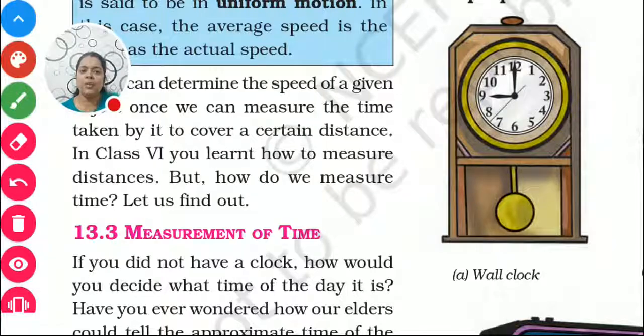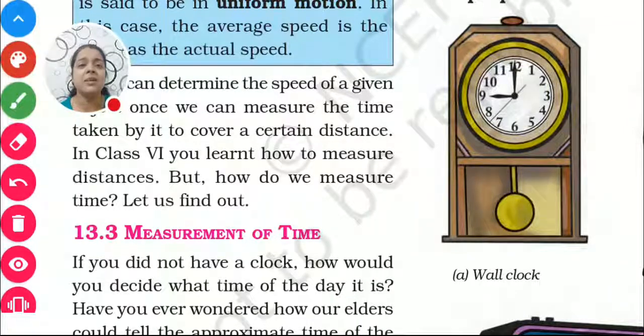You people know very well, when I ask you what is the time right now, the best tool or instrument which is going to help you in this regard is what? Clock, watch. Can you say nowadays that if you don't have a clock, you don't have a wristwatch, you don't have a cell phone even, are you able to find out the time?